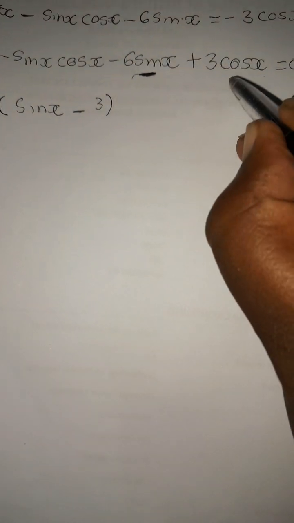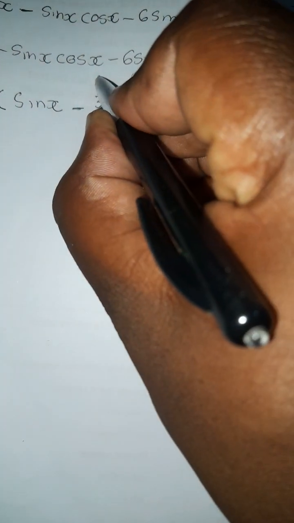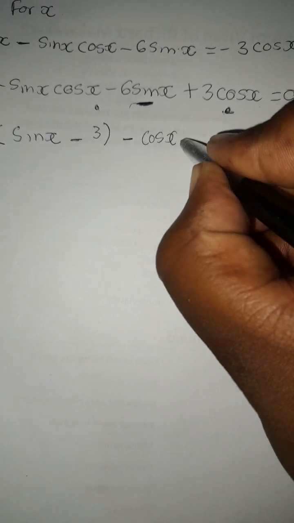Remember what I told you, guys. We also have cos. We can see that the highest common factor is also cos, but it will be negative. This will be negative cos x, right?